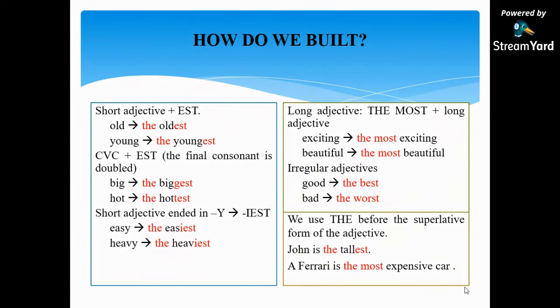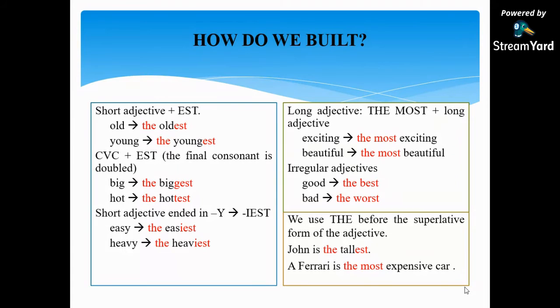With the long adjectives, we're going to add the words the most, and then we're going to have the long adjective. For example, exciting will be the most exciting, beautiful will be the most beautiful, and here again we have some irregular adjectives. Those are going to be the same examples that we use for the comparative forms. For example, good will be the best, and bad will be the worst.